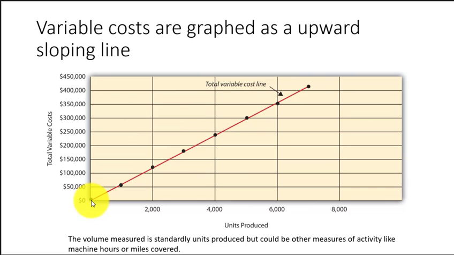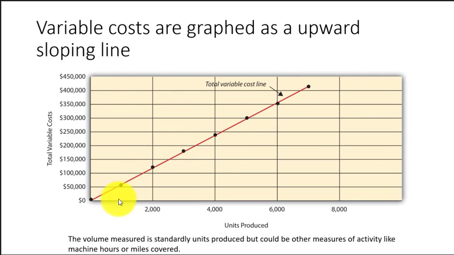So your cost would be 0, and it would go up by the cost of 2 wheels for every bicycle you made. As units produced go up, so would the cost go up. And it would be this very straight diagonal line to represent how that cost would change over time.